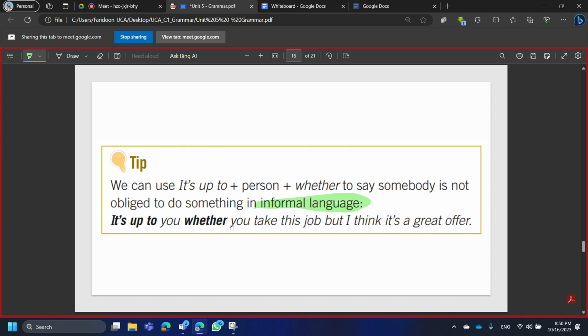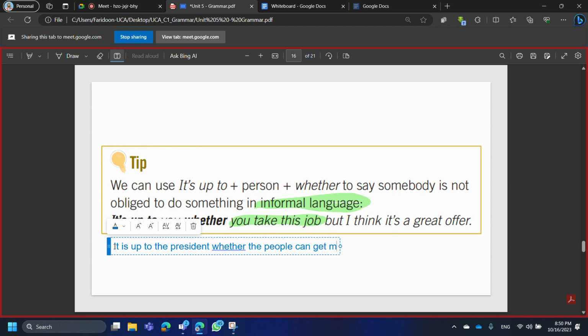So after whether, you are using a clause, a subject verb pairing, and of course it can continue as well. For example, some more sentences can be, it is up to the president whether the people can get more jobs or not.